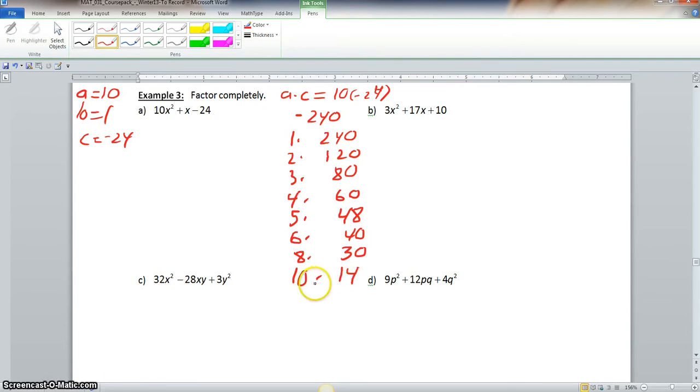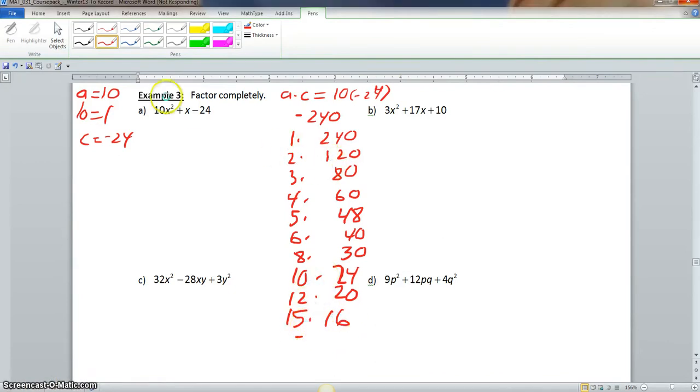And 12 and 20. And I believe that is it. And actually the last number would be 15 and 16.